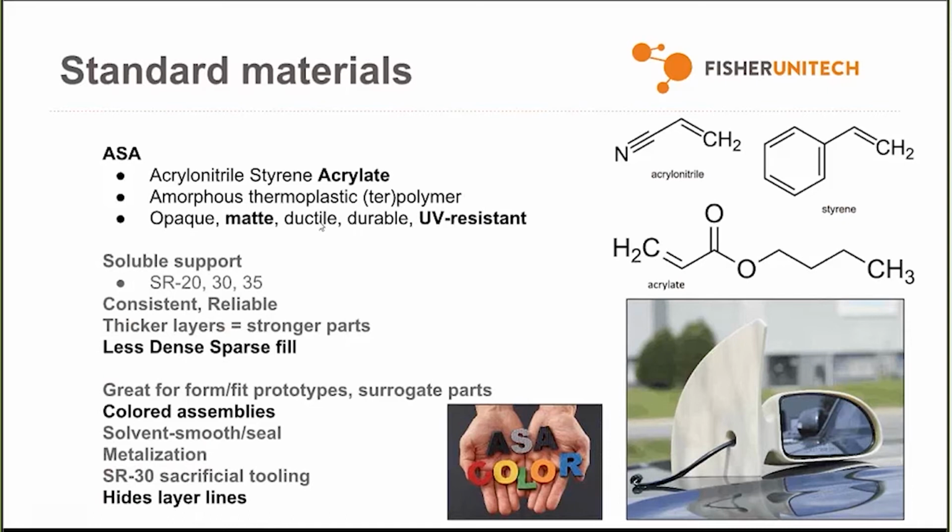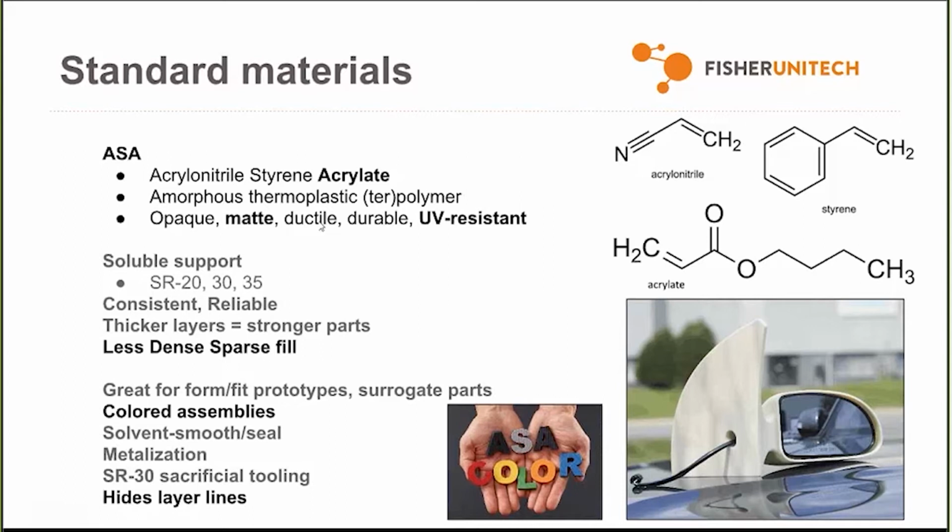So ASA doesn't break down in UV light like ABS does. So you can basically use ASA for anything you'd normally use ABS for, plus outdoor applications. Now, mechanically, it's about the same as ABS. If anything, it's slightly stronger, but that may not be statistically significant.